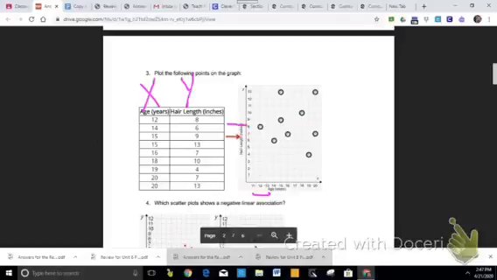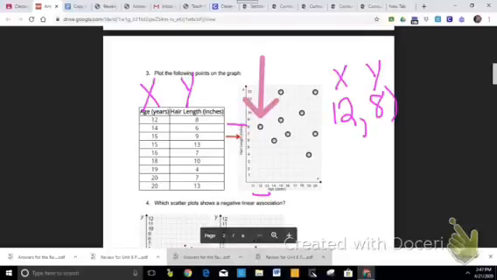And when we do that, we put a point at 12, 8. Remember, our coordinate pair is always X, comma, Y. So our X goes left and right. Our Y goes up and down.